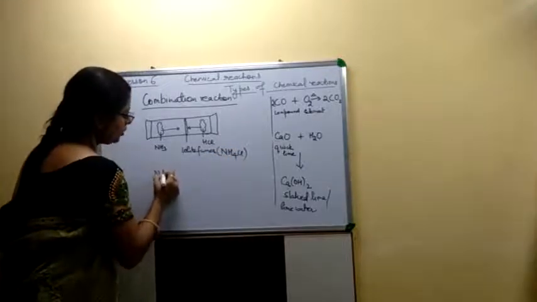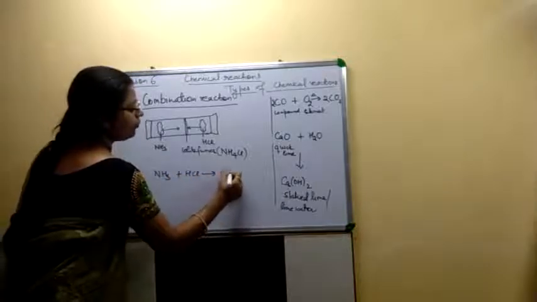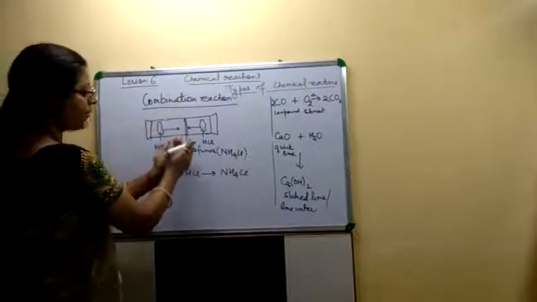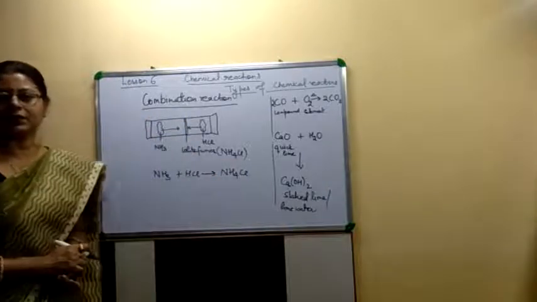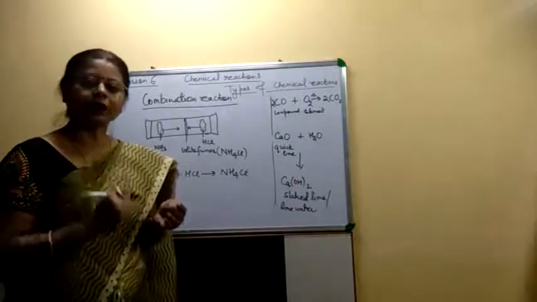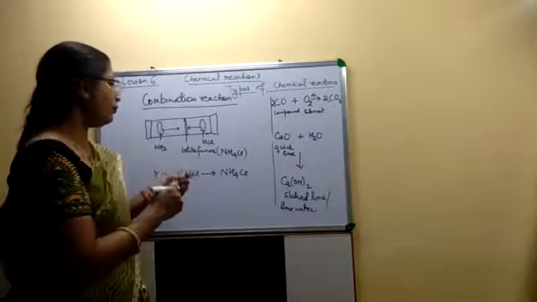As ammonia reacts with HCl, it will form ammonium chloride. The white fumes are formed near the HCl because HCl is heavier, it is denser than ammonia.